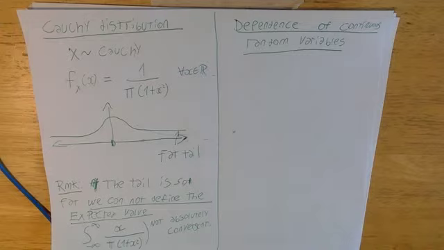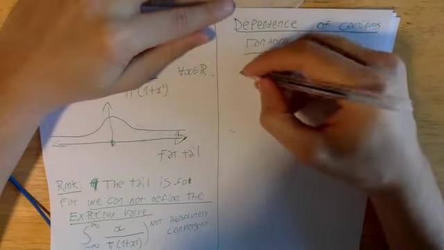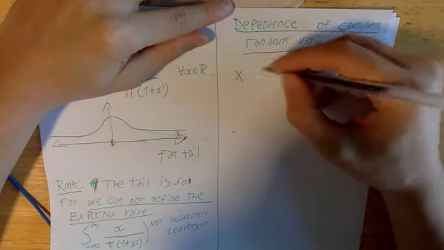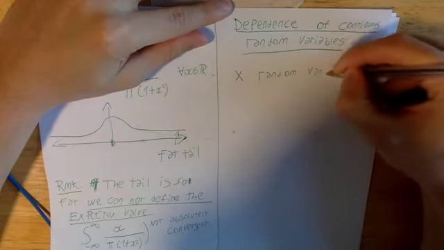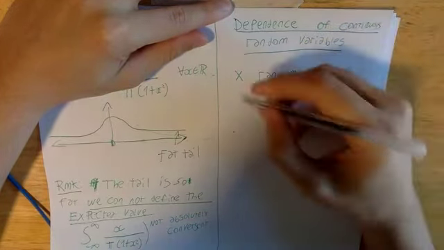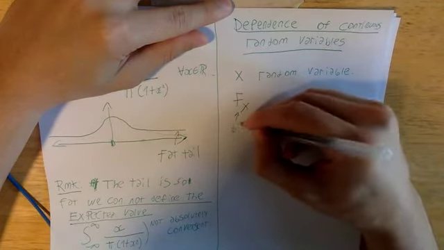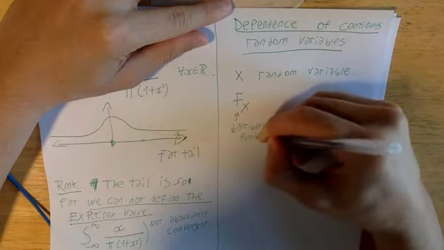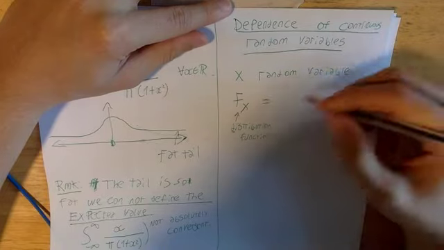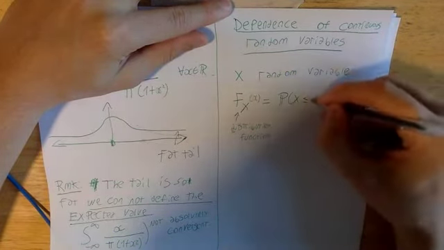So let's look at the distribution function. One of the things we had looked at before: let's say x is a random variable. Then F of x, the distribution function, is equal to the probability that x is less or equal than little x.